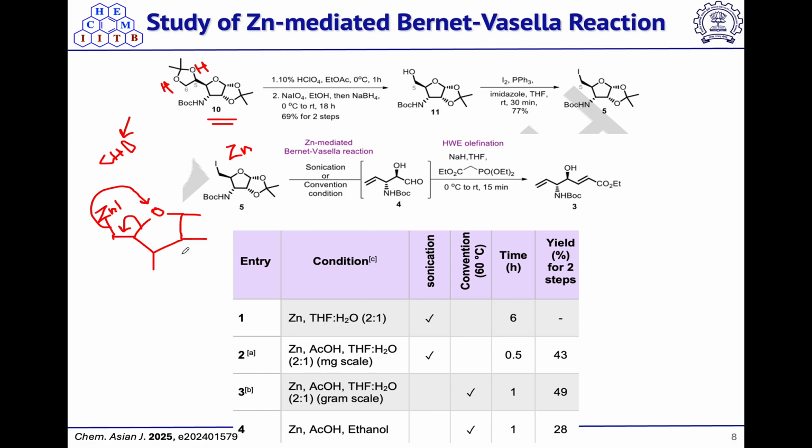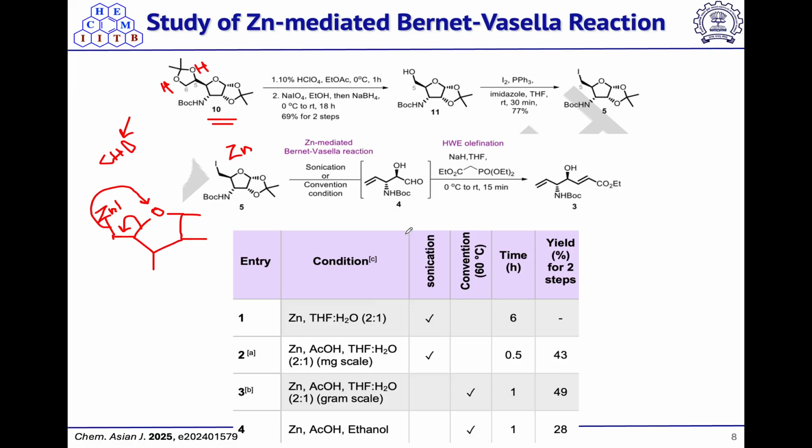So you got the mechanism of how it is forming: first zinc insertion between the C-I bond, then this fragmentation will happen, and it will give this compound 4. Any doubt?